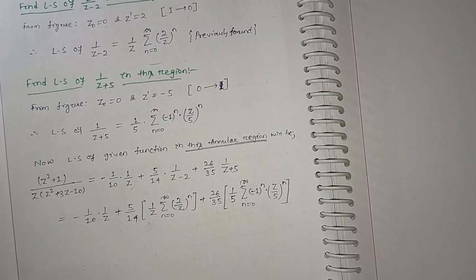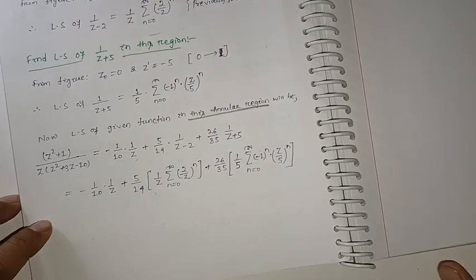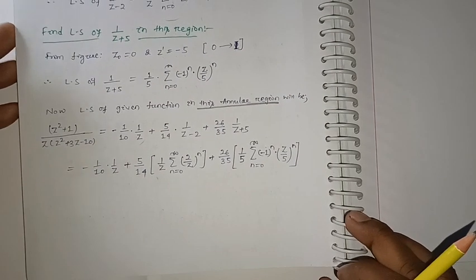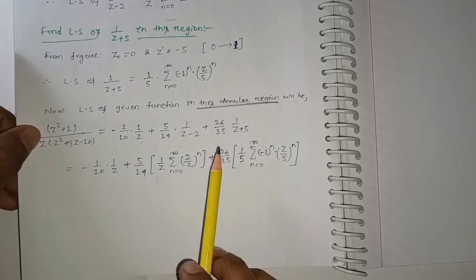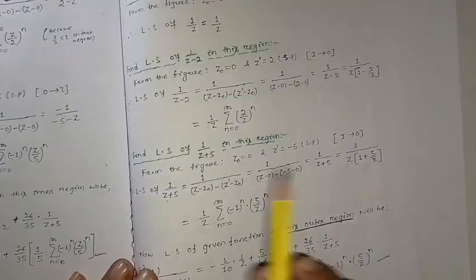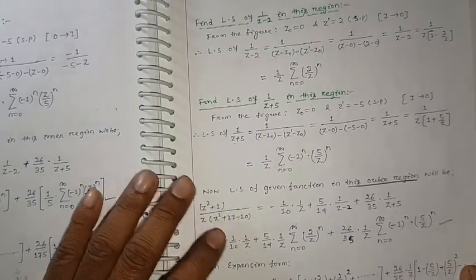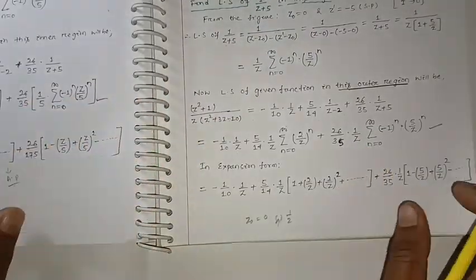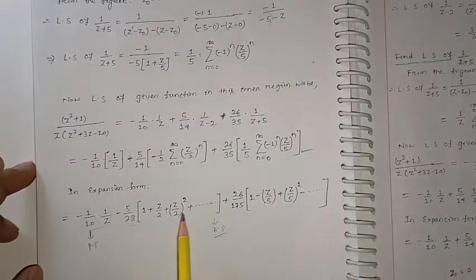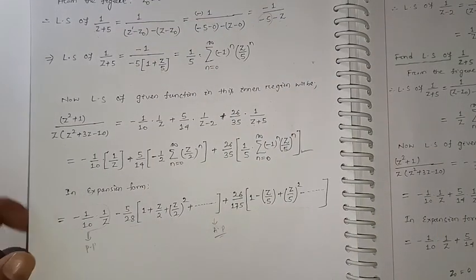Now if you want, you can write this in the expansion form. So we found the Laurent series of this function in the annular region is this one, outside the whole region is this one, and inside the inner region the Laurent series is this one.